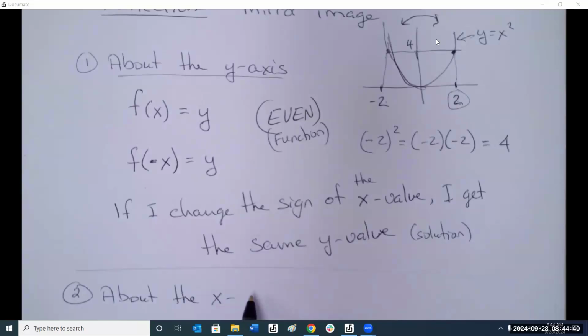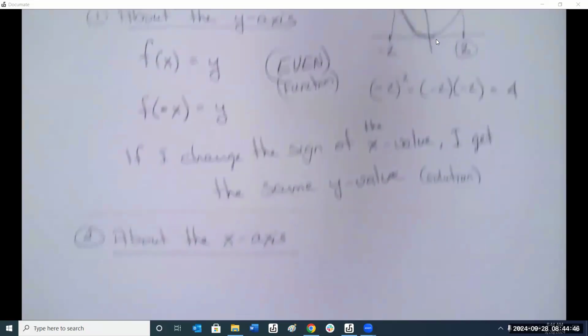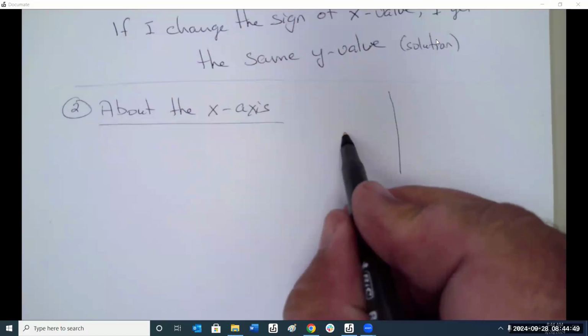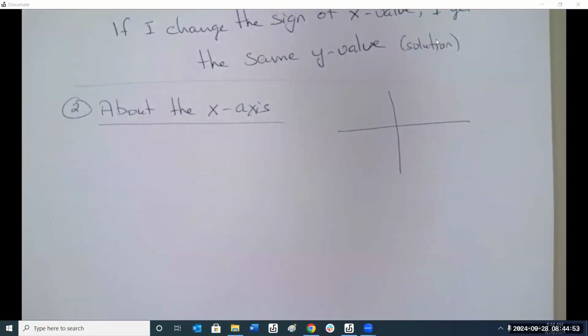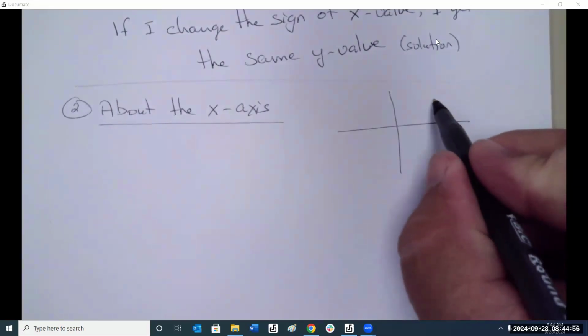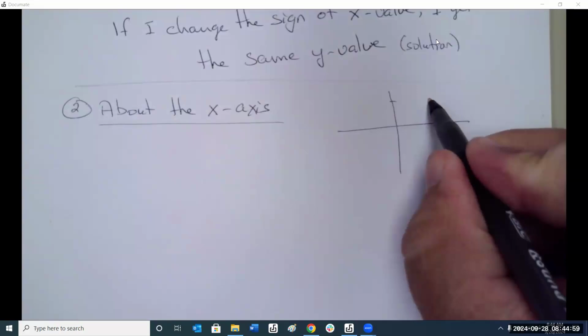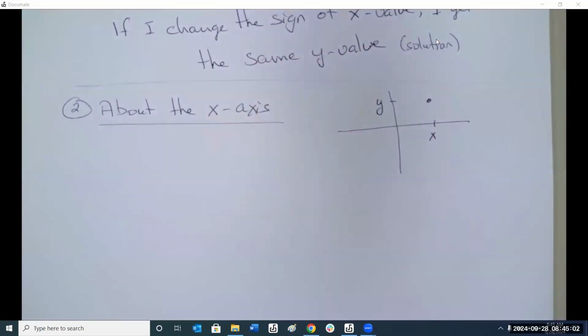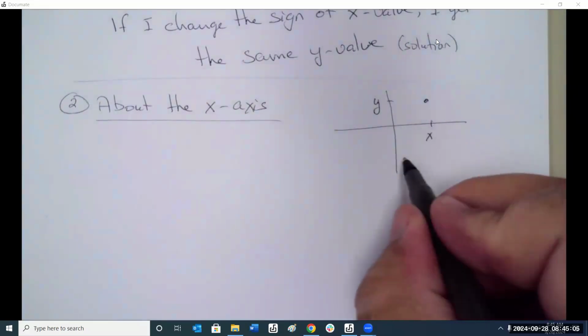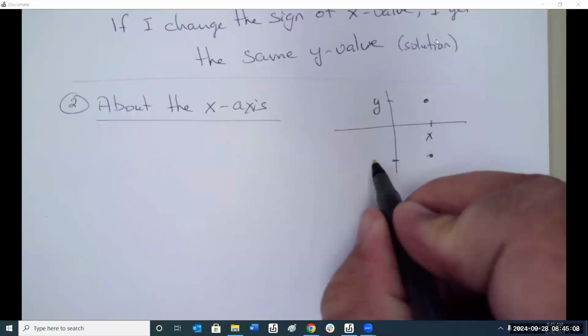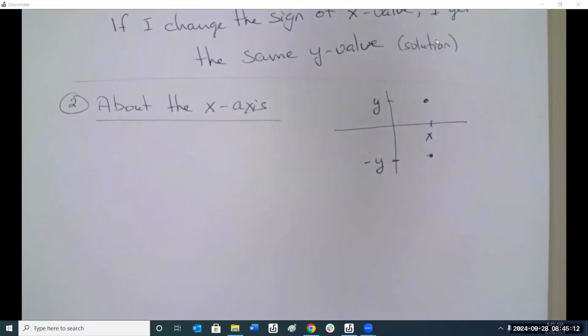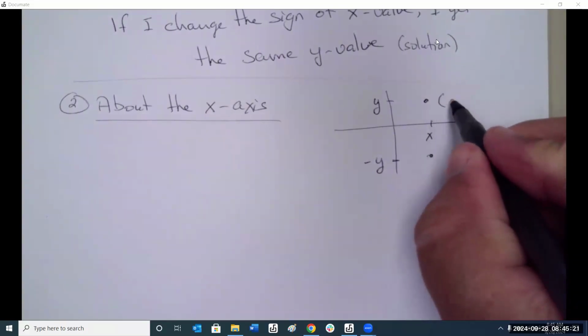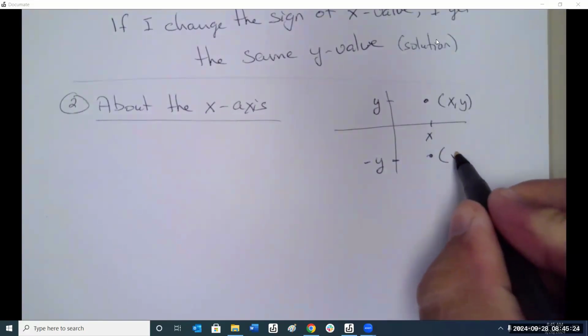If it's symmetric as a reflection about the x-axis. In other words, if I had a point here at some value x and some value y, it's symmetric about the x-axis, then I'll have another point down here, but at -y. So this is at point (x, y), this is at point (x, -y).